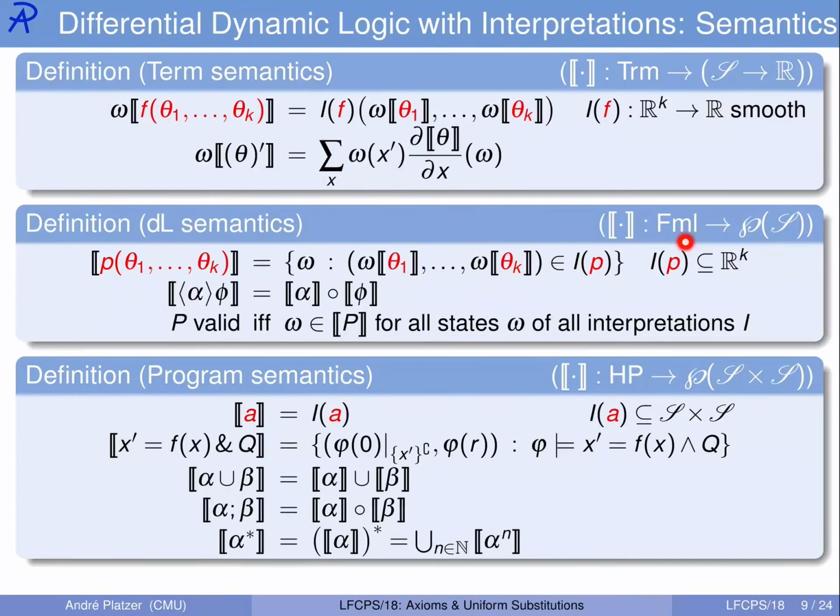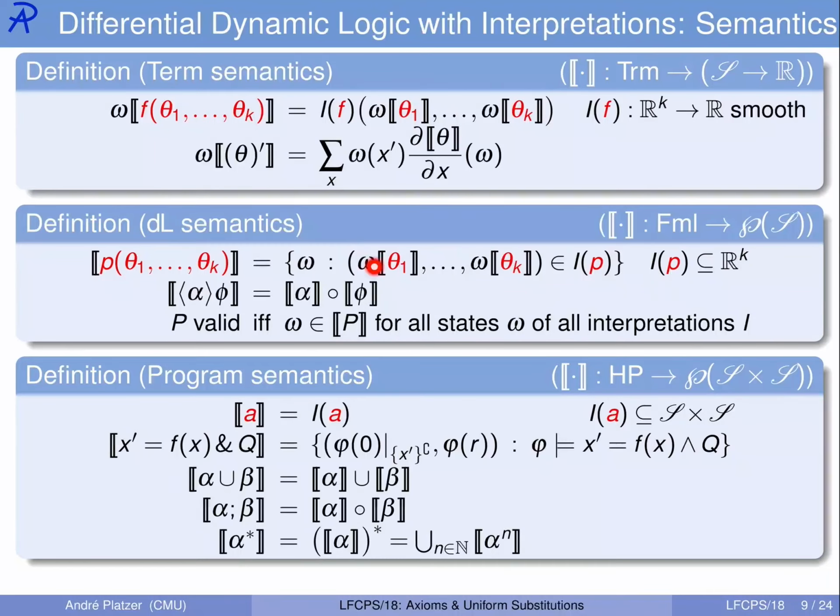The meaning of a formula is the set of all states in which it is true, which the new case is the meaning of a predicate symbol P applied to k arguments theta 1 through theta k is the set of all the states omega in which, if we evaluate all the arguments in the state omega, getting those real numbers, if that k tuple of real numbers is then in the interpretation of the predicate symbol P. And of course, if a predicate symbol syntactically expects k arguments, then its interpretation had better be a relation of k real numbers.